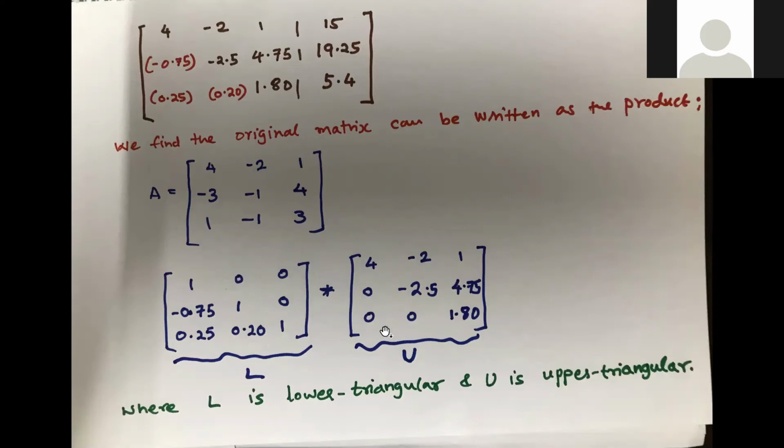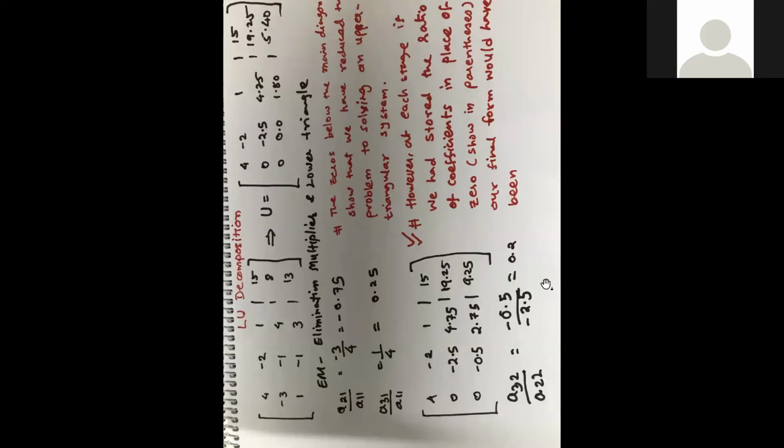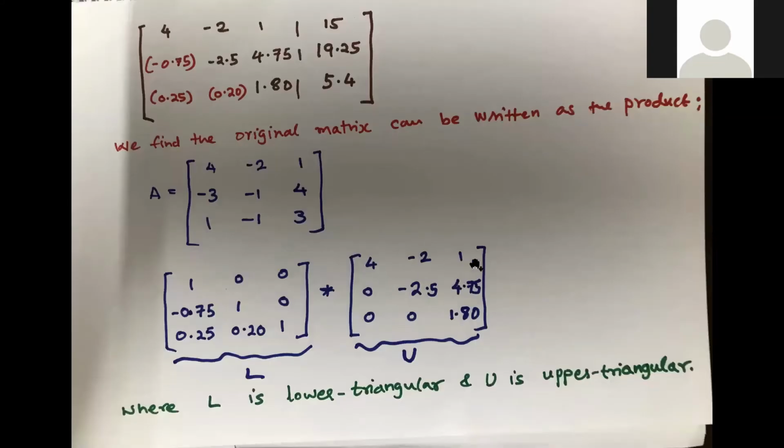And second is the upper triangle, which you obtain by making these three members 0 through the usual process of elimination. If you multiply lower triangle and upper triangle, it gives you the original matrix. You can check this later when you multiply both.